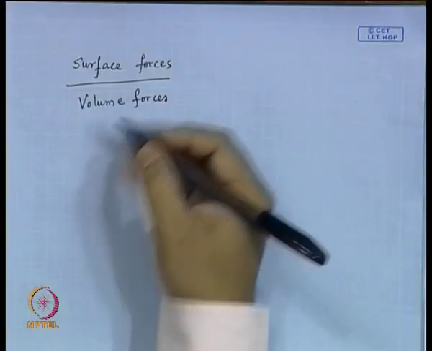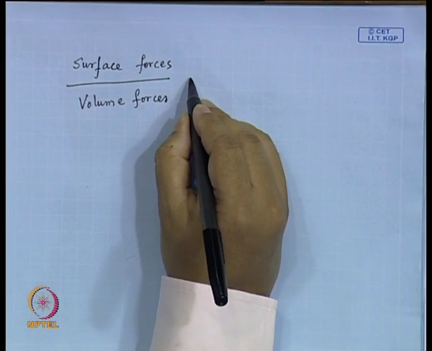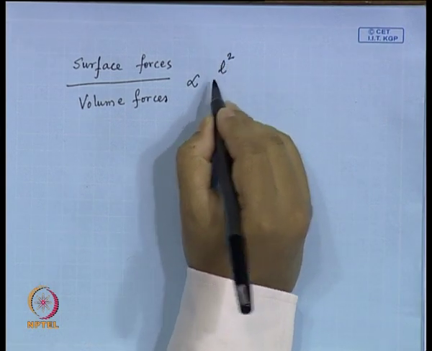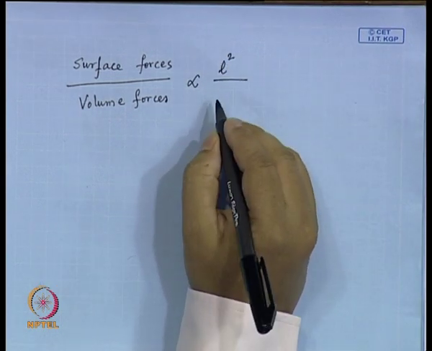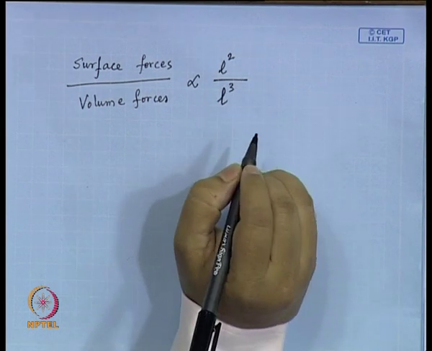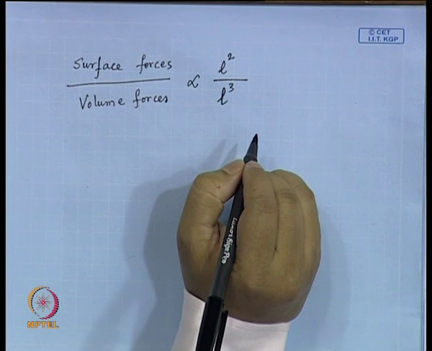If you write this, you will find that the numerator is proportional to L square, where L is the length scale, and the denominator is proportional to L cube.